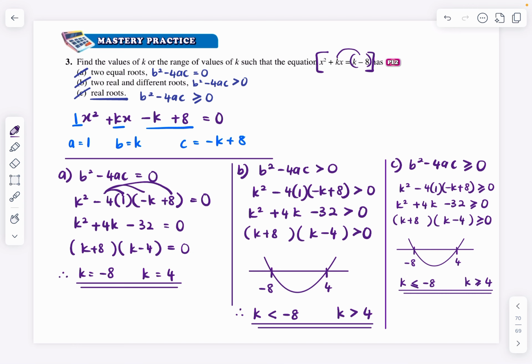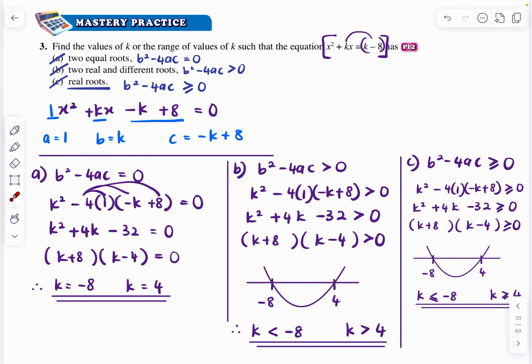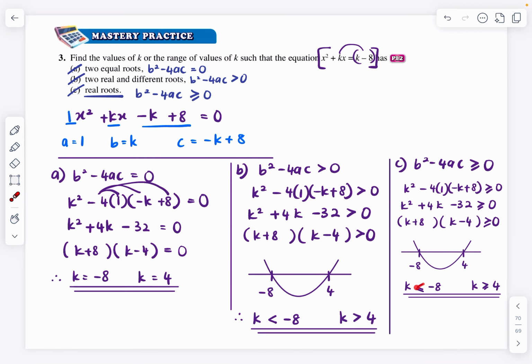That's it. Because they said more than or equals to. We already found the range for more than, here and here. If they say equals to, it means it can take either negative 8 or 4. So you just have to add the equals to underneath your range. That's it. And that's the whole question now. That's all.